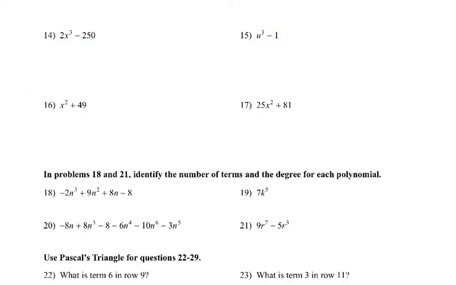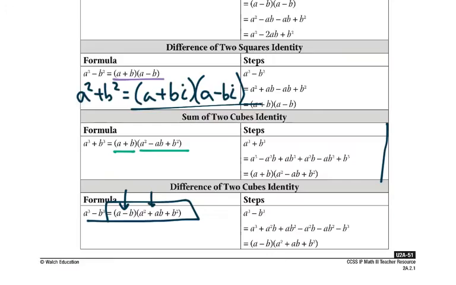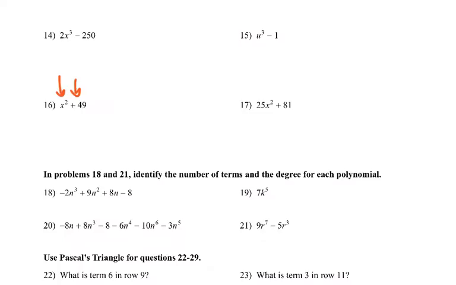Now for 16 and 17, now we've got the pluses and the squares. So that's our special one. So we're going to put a plus bi times a minus bi. So this is really x squared plus 7 squared. So I go x plus 7i times x minus 7i. And I'm done.